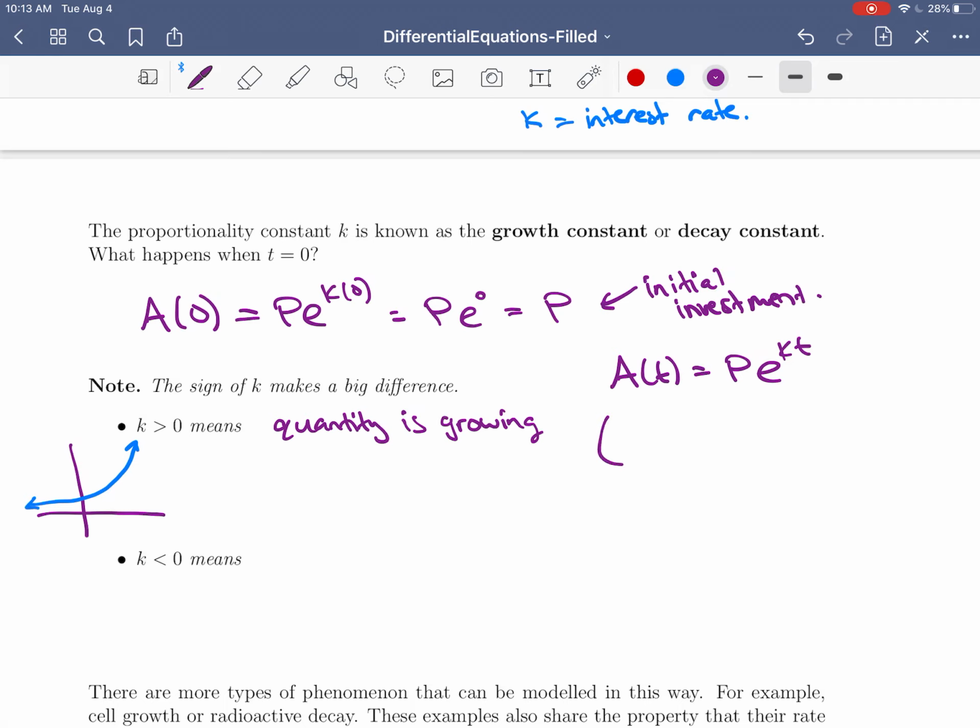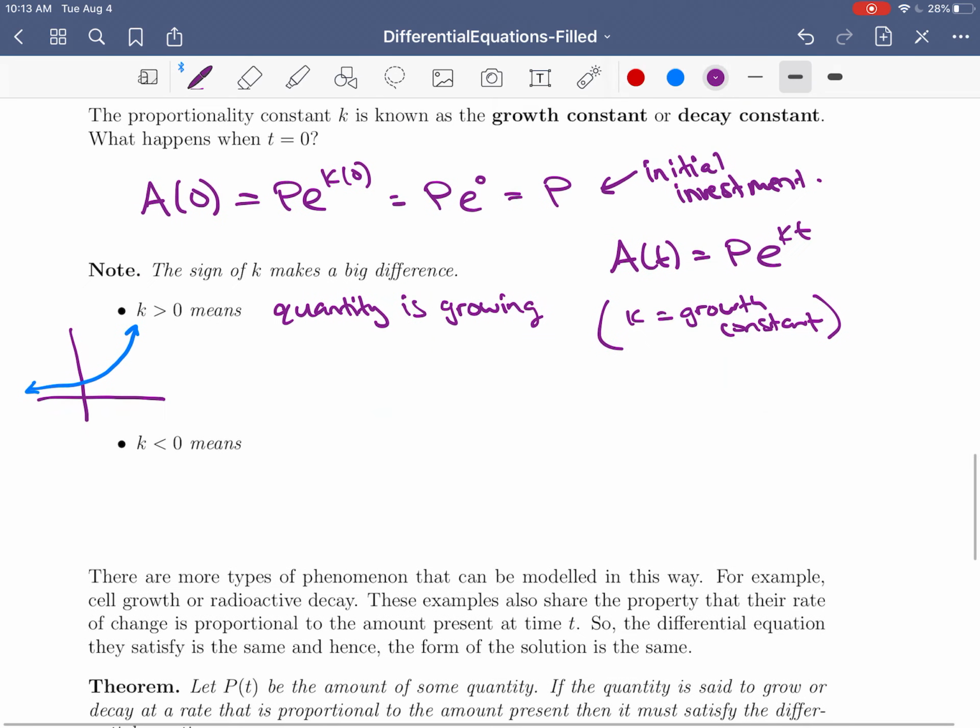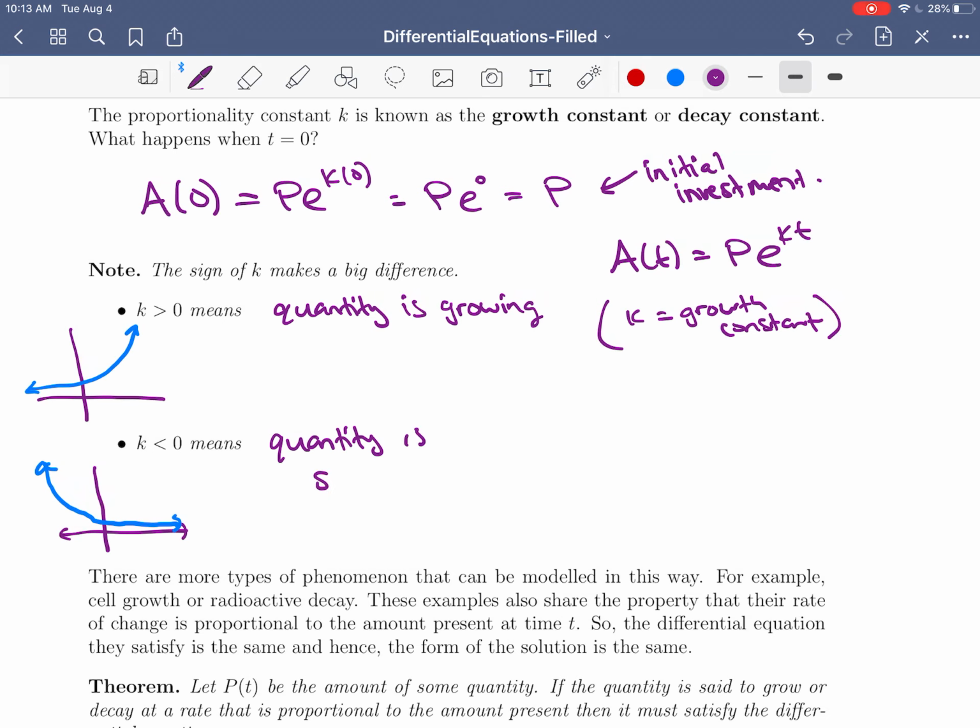Here's where we call k the growth constant. Now if k is less than 0, which sometimes happens, not for interest, but for other things, then your exponential function is flipped along the y-axis, so it looks like that, which means your quantity is shrinking. In this case, we call k the decay constant. So your amount should be shrinking.